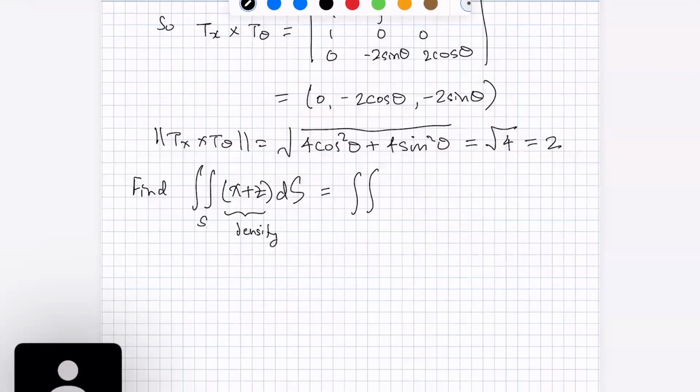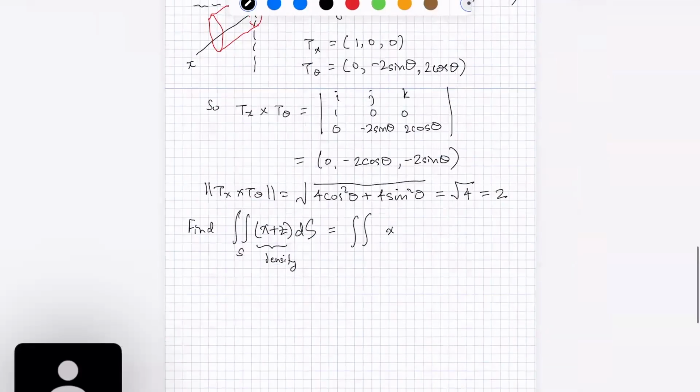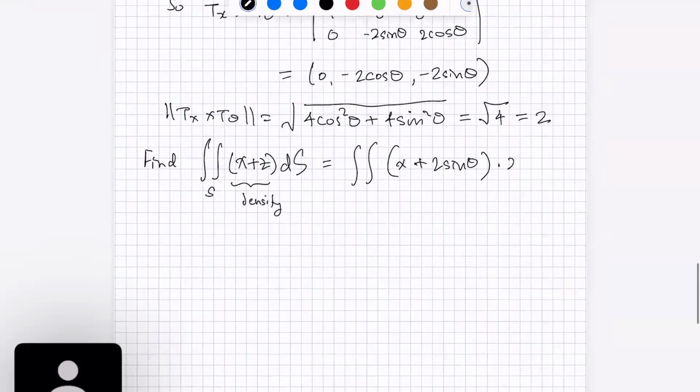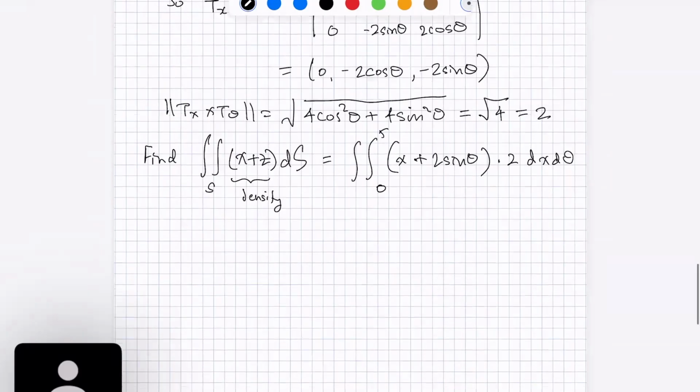So now we're going to keep the x, but we're going to move everything to theta. z is equal to 2 sine theta. The surface area element is 2 dx d theta. x goes from 0 to 5, and then theta goes from 0 to 2 pi.